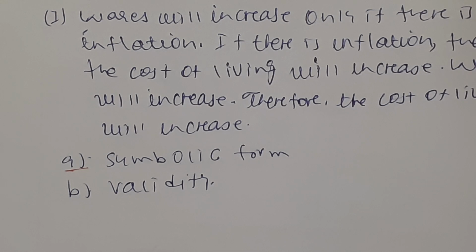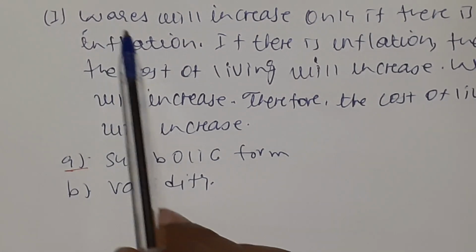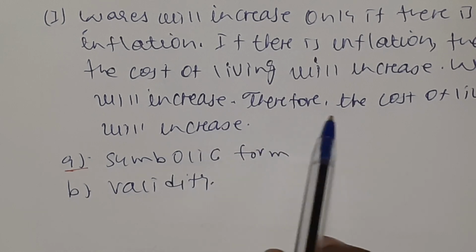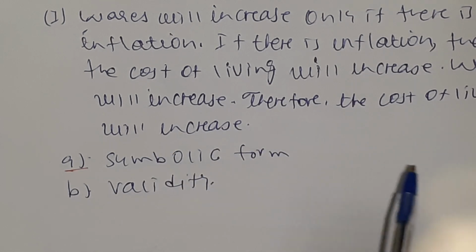The question that I take from the worksheet to consider is the first one. It says, wages will increase only if there is inflation. If there is inflation, then the cost of living will increase. Wages will increase, therefore the cost of living will increase.